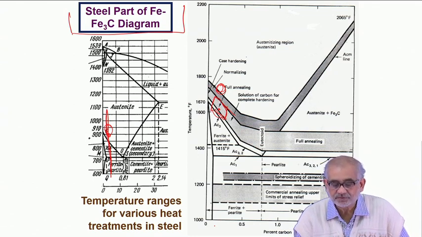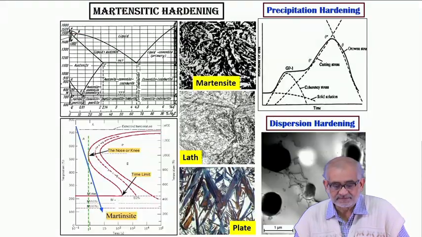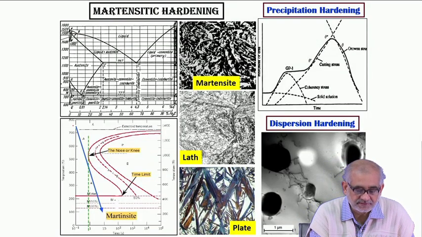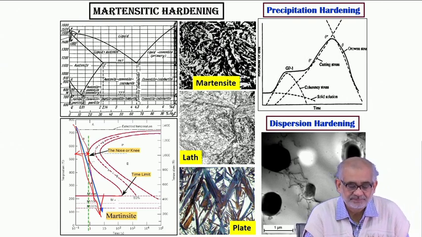And while talking about quenching, what we must realize is that we are aiming for a quenching rate which will be at least as fast as this. That means we must avoid the nose, and hence the so-called critical cooling rate, which is the minimum cooling rate that can avoid intersecting the pearlitic or bainitic start line.